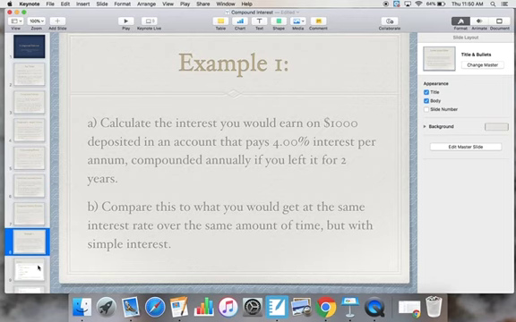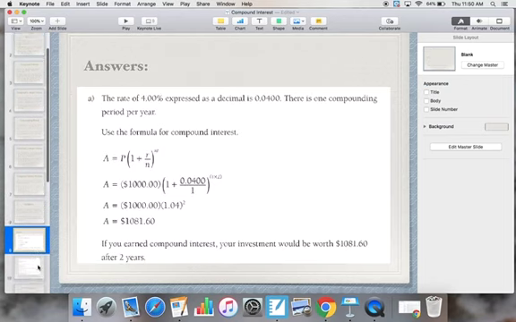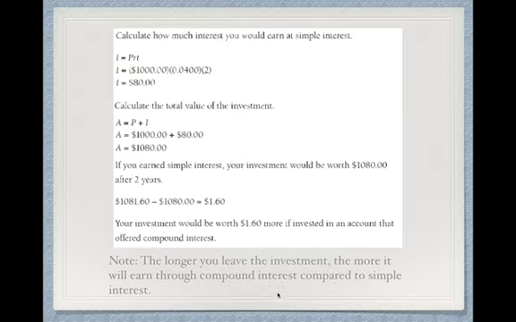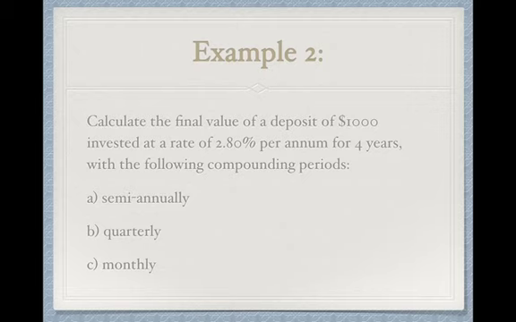I copied and pasted the solutions here as well, so that if you don't want to watch the video again, you can just look at the notes. And like I mentioned in my note, the longer that you leave the investment, the more it's going to earn through compound interest compared to simple interest. That's just the way it is.